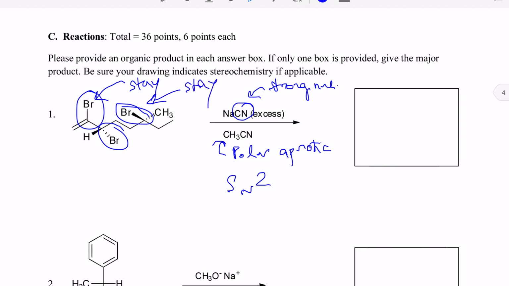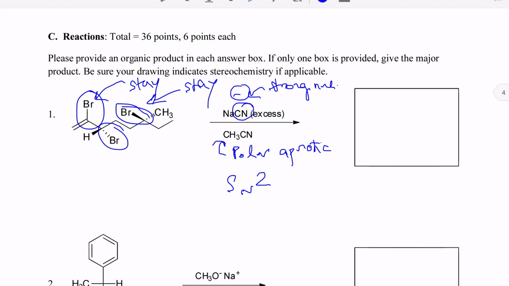So that leaves us with this bromine atom to be removed. And it makes sense because this bromine is attached to a secondary carbon, and secondary carbons are involved in SN2 reactions. So with that in mind, it's time to do the backside attack, or to draw it out mechanistically to see what products we would get.